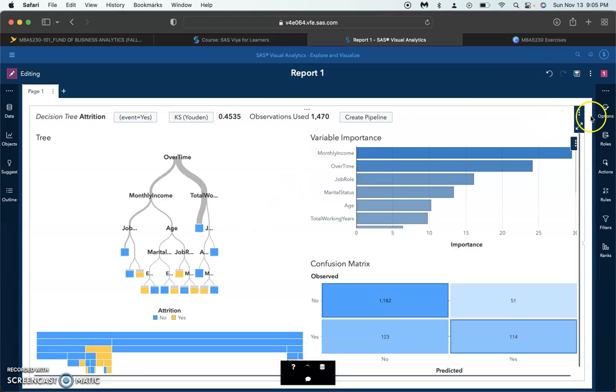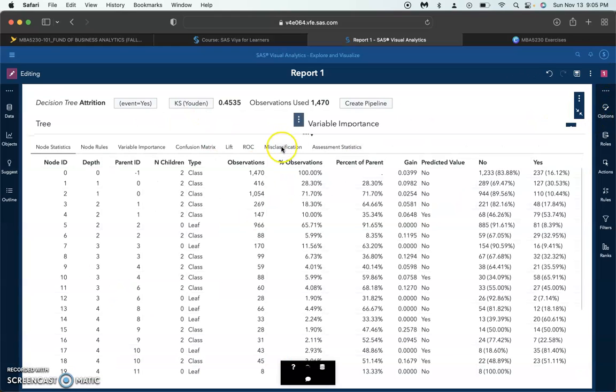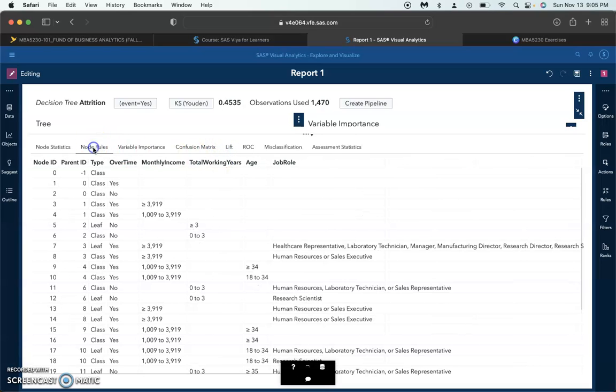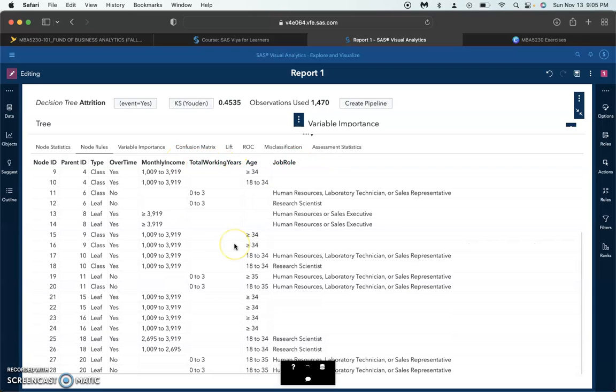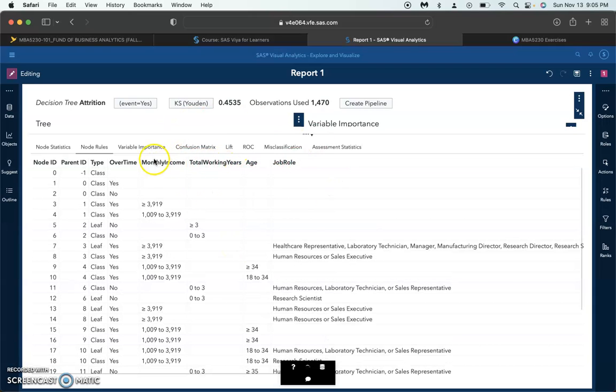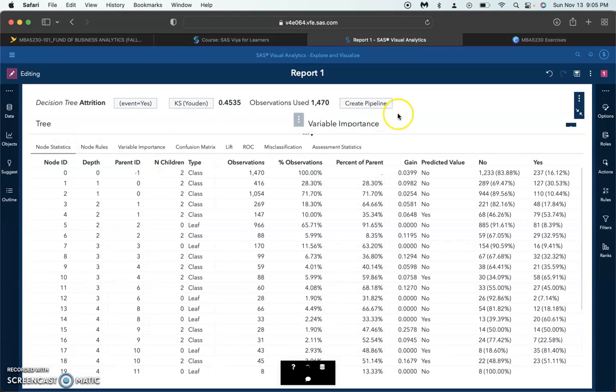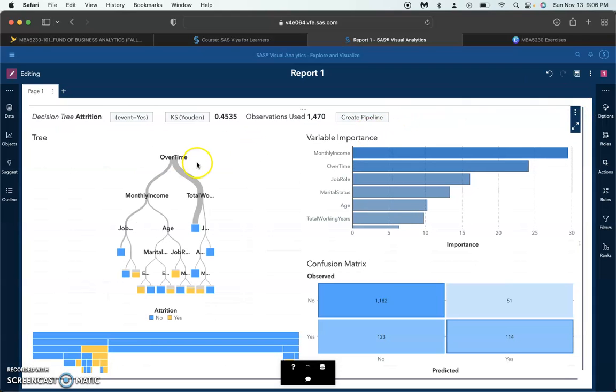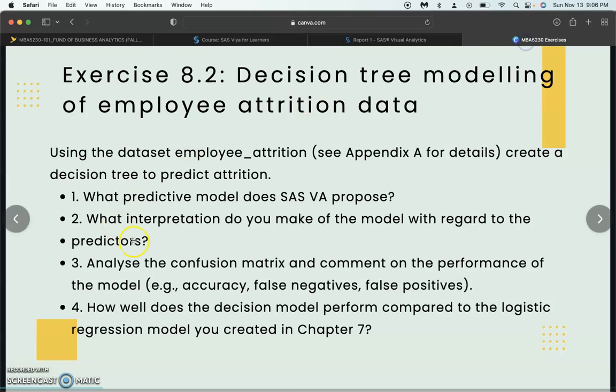We are going to first maximize this to see the data, and we're going to go to node rules, and we can see that overtime, monthly income, total working years, age, and job role were the ones that were talked about.